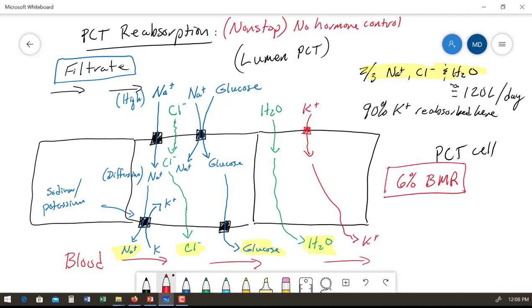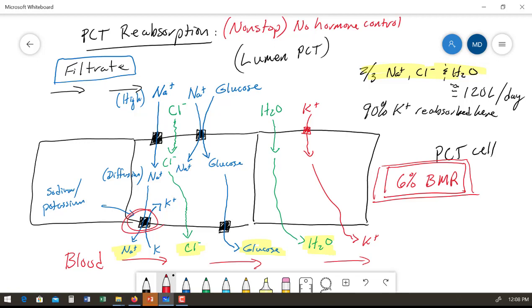To be clear about what I'm saying, out of every 100 calories you eat, 6 of those calories go towards just driving this reabsorption in order to bring your filtrate level down. It's a huge amount of calories. Most of those calories are being used to run these sodium potassium pumps. I'm just trying to make the point that this is a lot of energy that you're spending on this.